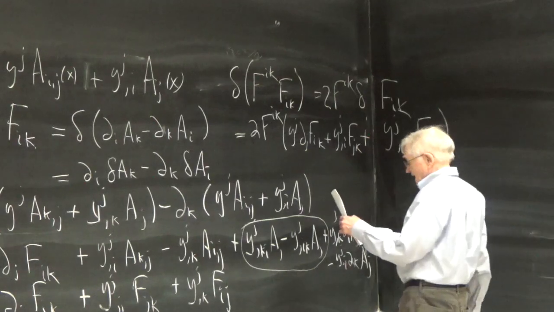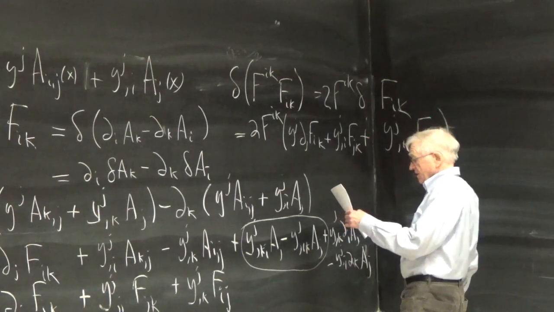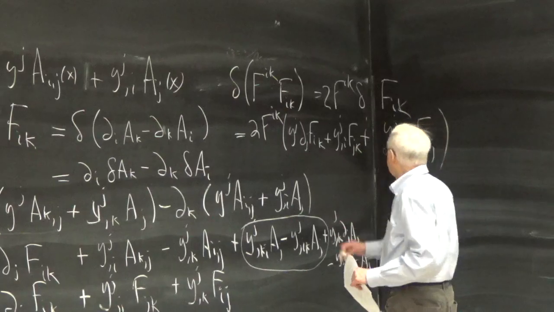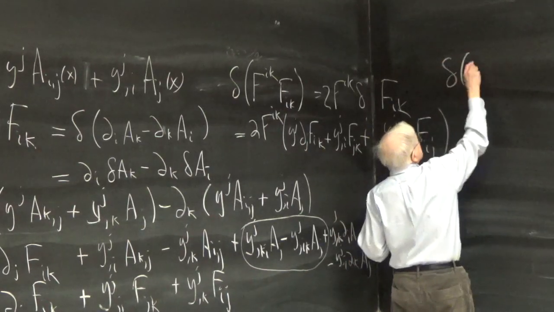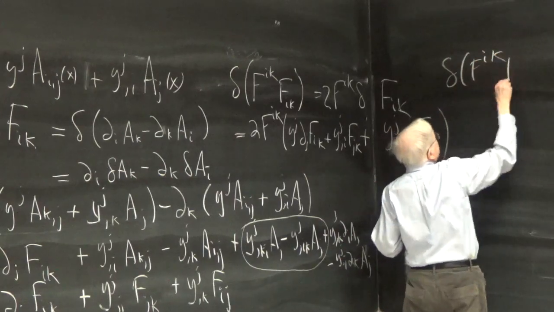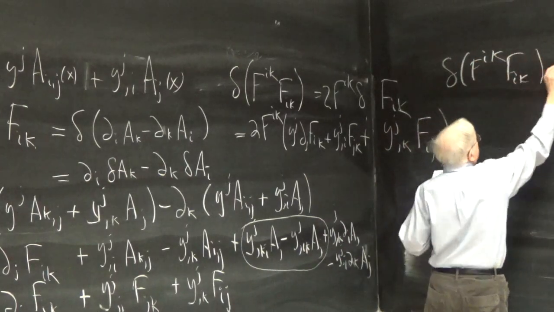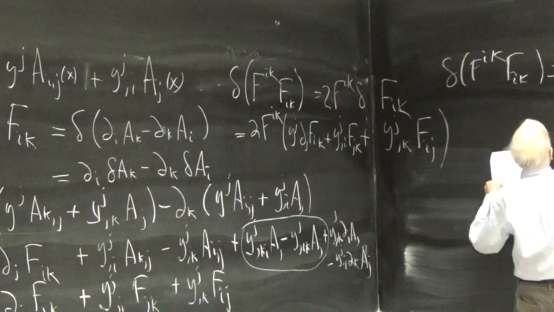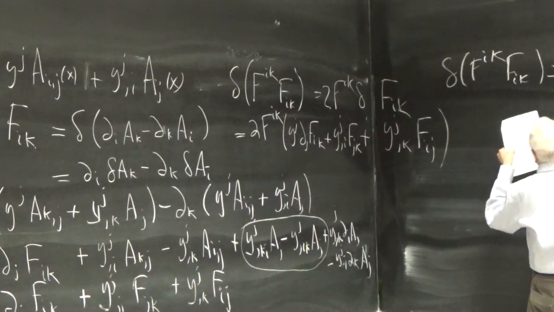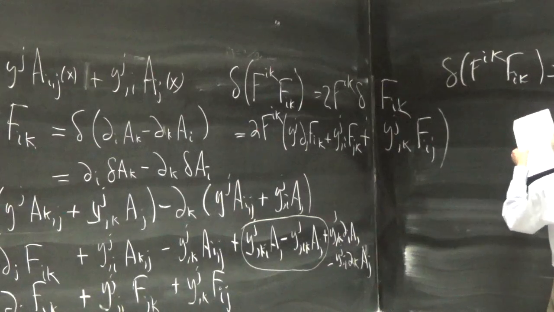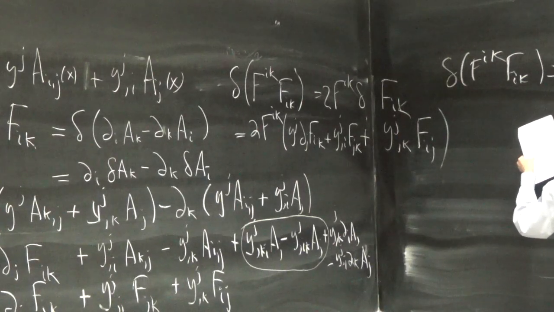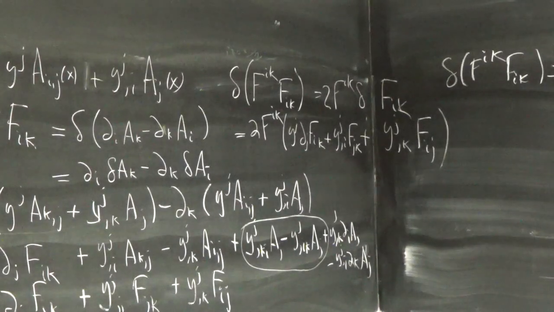Then we're going to add and subtract a term. In other words, we're going to write this as the change in F_{ik}. We're going to say this is ∂_j of y^j times the action density, minus del dot y.